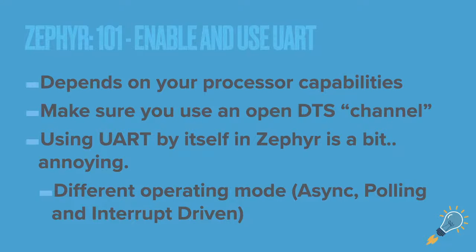Async and interrupt driven are similar because they kind of operate on their own. If you've ever developed for Nordic processors before, you know that they have the EasyDMA. Well, the async variety will use that functionality, where it's pushing stuff into a buffer in the background without you having to worry about it.